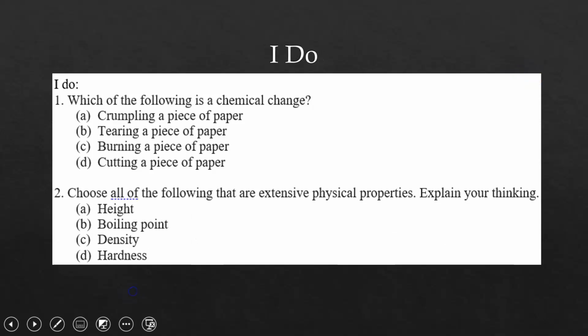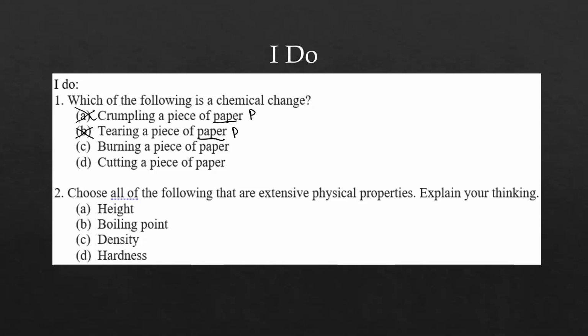Okay, so for our I do. Which of the following is a chemical change? That means it goes from one type of substance to another, and they are not chemically the same. Crumpling a piece of paper is still paper, so that is a physical change, not a chemical change. Tearing a piece of paper, it is still paper, smaller, yes, but still paper, so that is a physical change.